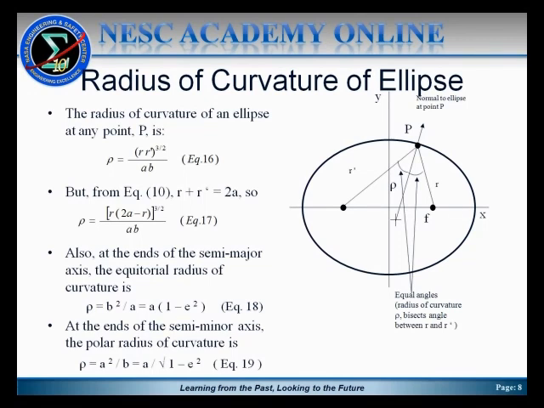And also at the ends of the semi-major axis, what's called the equatorial radius of curvature is represented by equation 18. That's a times quantity 1 minus e squared. Conversely, the radius of curvature at the ends of the semi-minor axis is called the polar radius of curvature, and rho in that case is represented by equation 19, and it's a divided by the square root of 1 minus e squared.